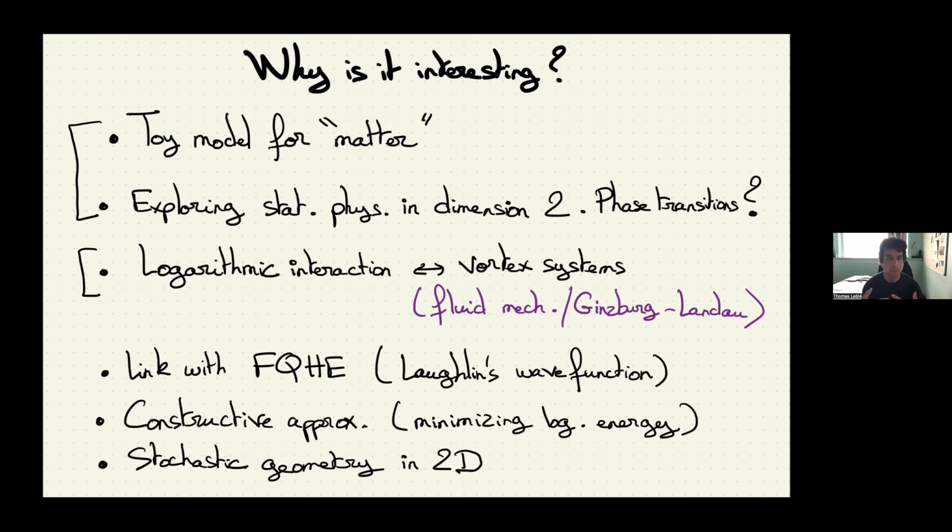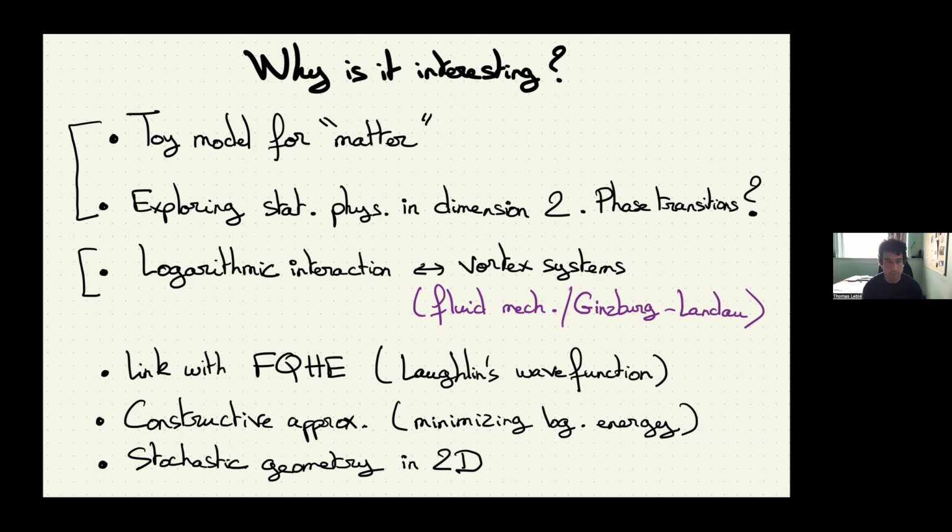Another point of view would be, if we want to do statistical physics in dimension 2, because dimension 2 is interesting, it's more complicated than dimension 1, but not as complicated as dimension 3 in a sense. Well, the Coulomb energy is a natural energy to look at, so that's a natural model to look at. And in particular, the question of whether you can prove phase transitions in this model, and phase transitions in 2D in general, is an interesting question on which I will come back later.